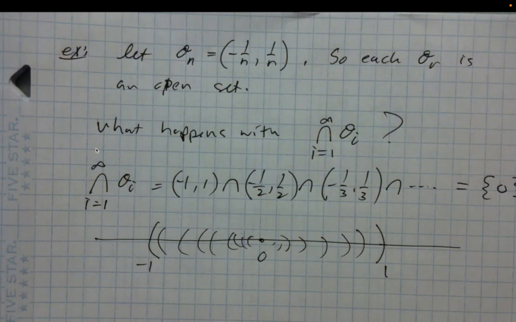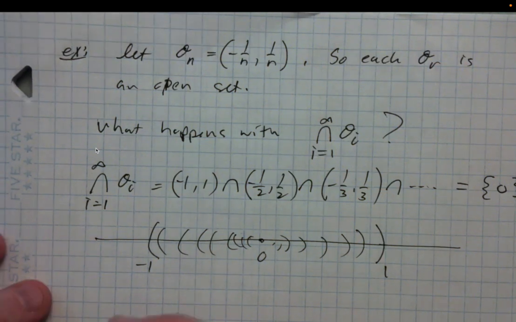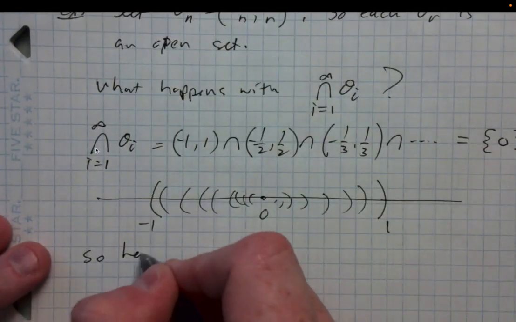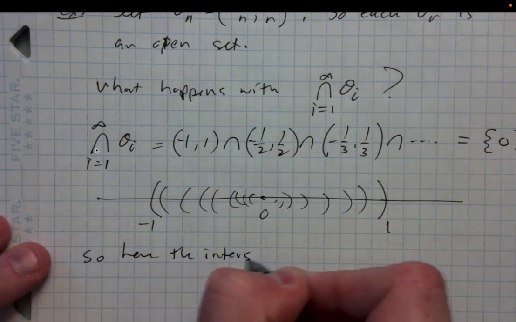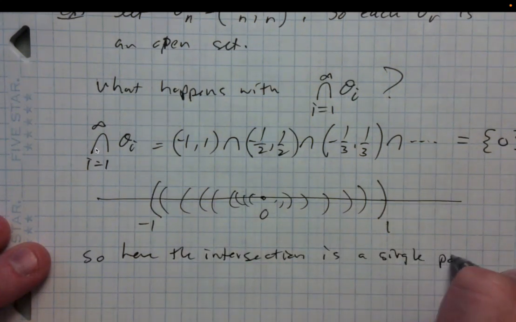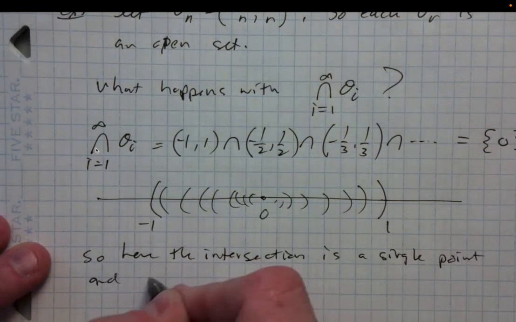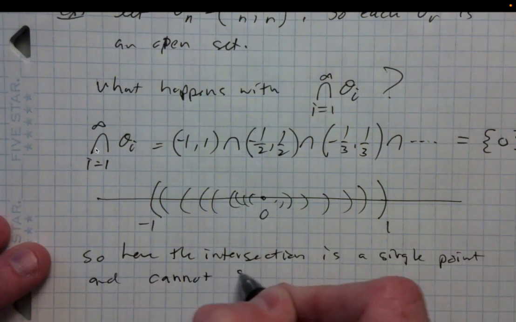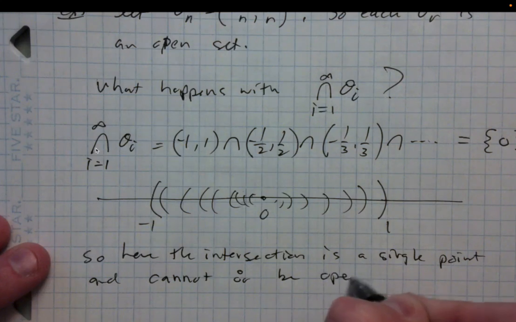So the intersection is a single number, and obviously a single number cannot be an interior point, so it's not open. Here the intersection is a single point and cannot therefore be open.